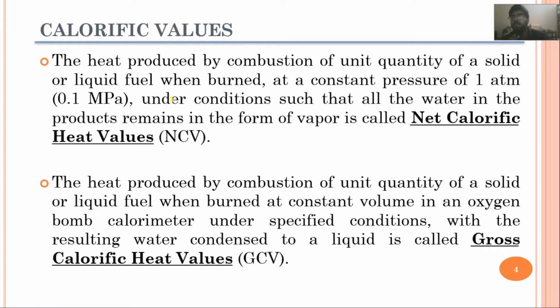We have two different types of calorific value. The first one is the net calorific heat value, and the second one is the gross calorific heat value. So the question is, what is the difference between these heat values? What is the net calorific heat value and what is the gross calorific heat value?